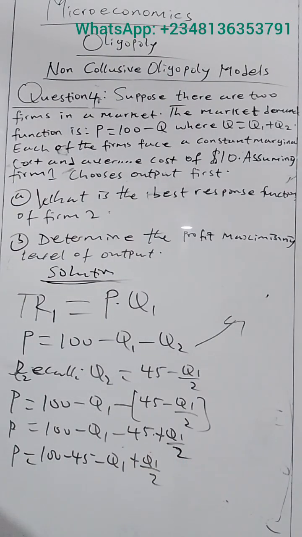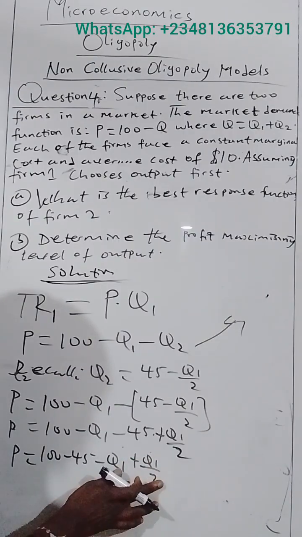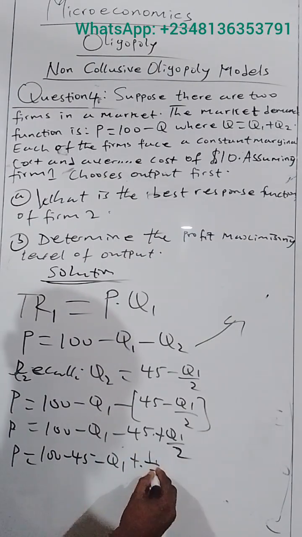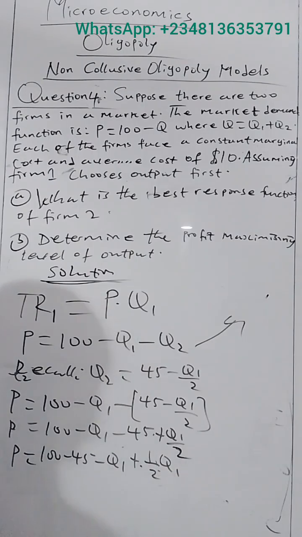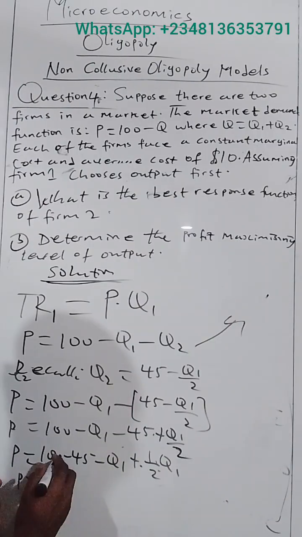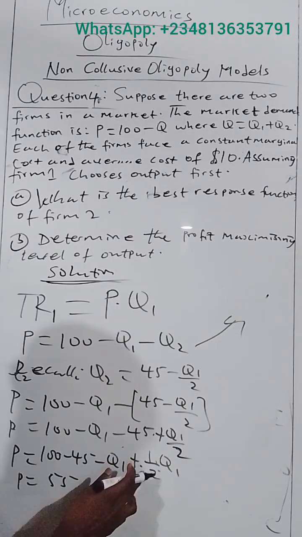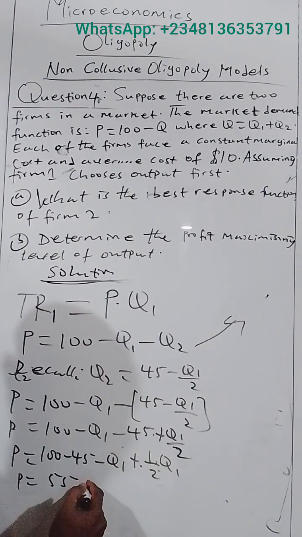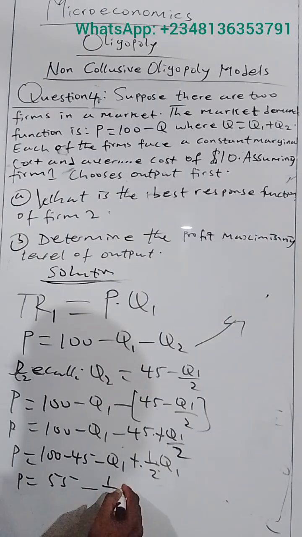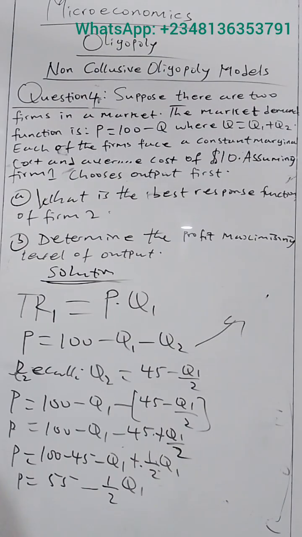Mind you, this Q1 over 2 can be rewritten as 1 over 2 Q1, that is 0.5 Q1. So this P can be written as 55, then we have minus Q1 plus 1 over 2 Q1. So that's going to give us minus 1 over 2 Q1.